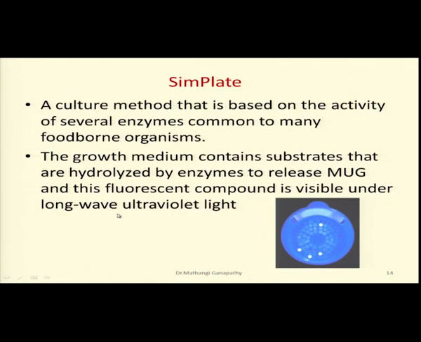So, here if the sample contains microbes, you are going to keep it on the medium which contains substrates which can be hydrolyzed by the microbial enzymes releasing MUG. Once MUG is released, it is fluorescent, and that can be detected by the long wave ultraviolet light.